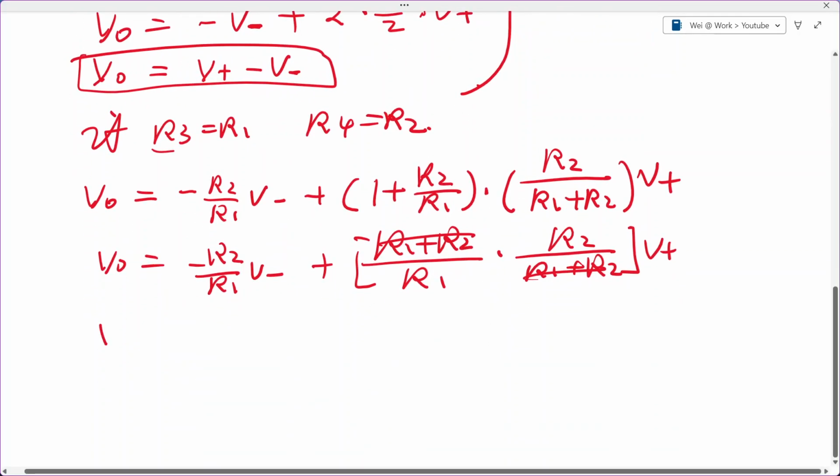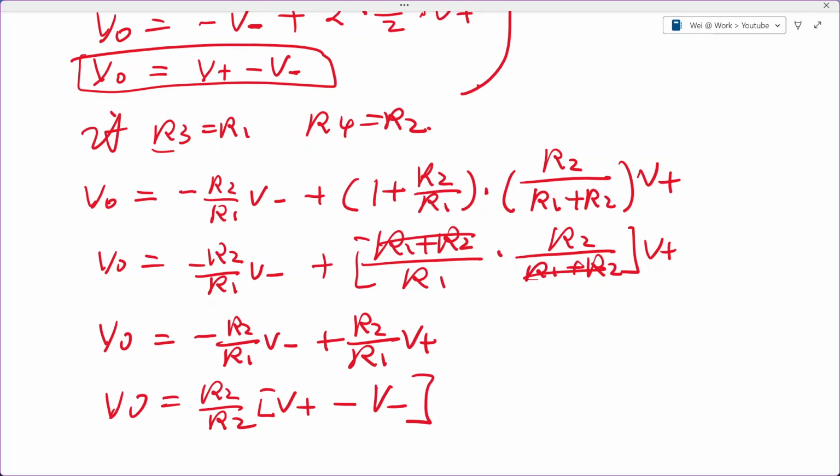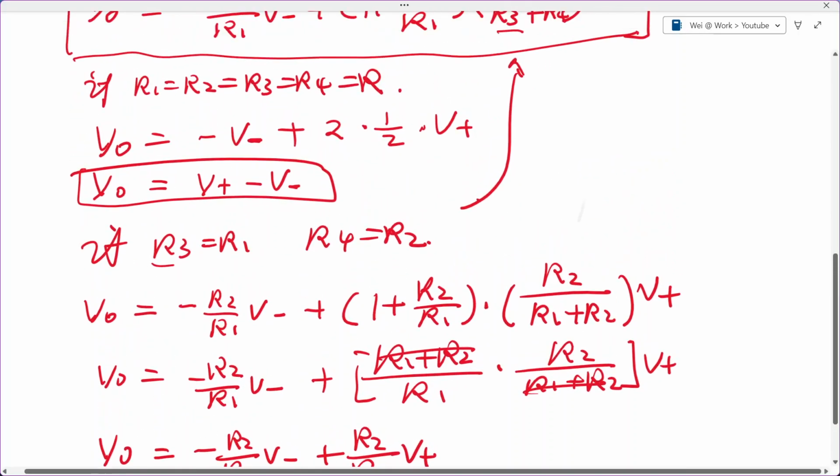So V out equals minus R2 over R1 times V minus plus R2 over R1 times V plus. So what we get is the output voltage V out equals R2 over R1 times V plus minus V minus.